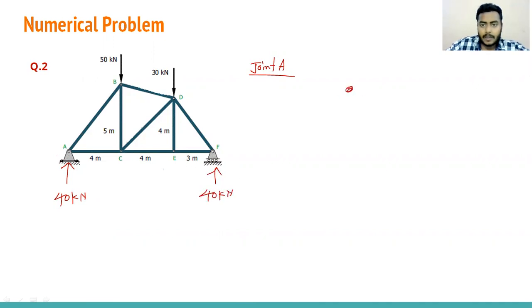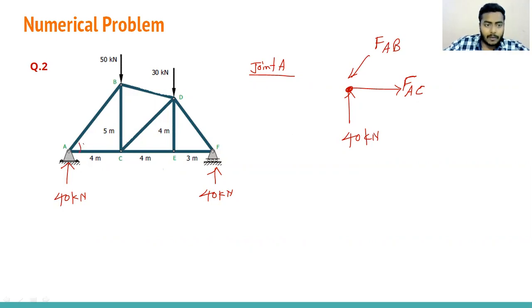Draw the free body diagram. This is joint A, 40 kilonewton. This is FAB, this is FAC. I'm writing it as compressive. We will see whether it is compressive or not.